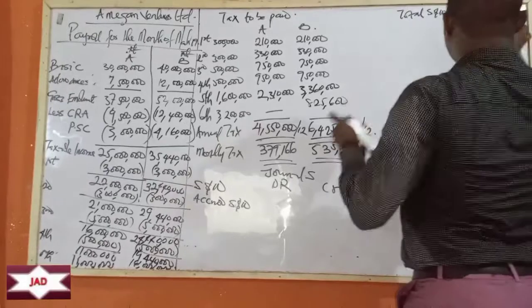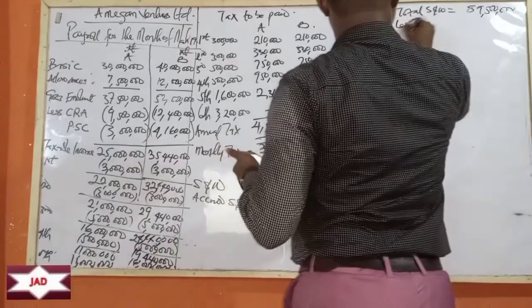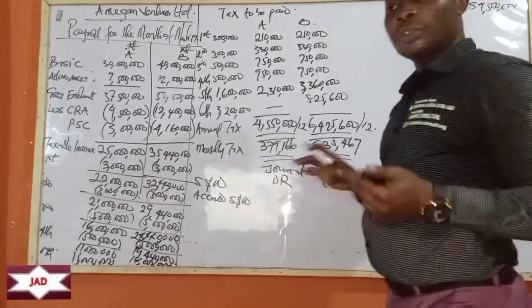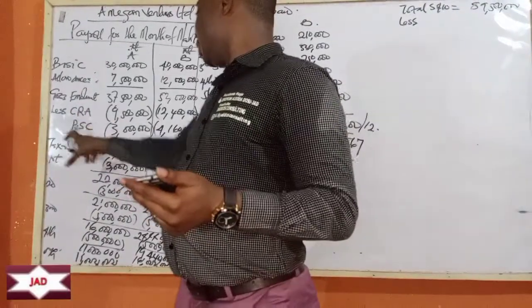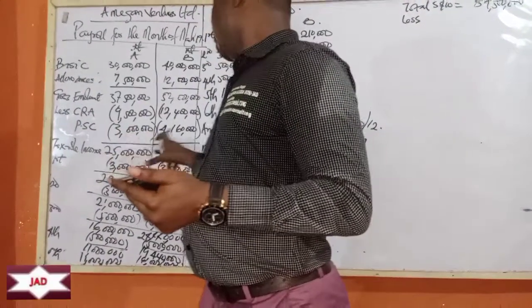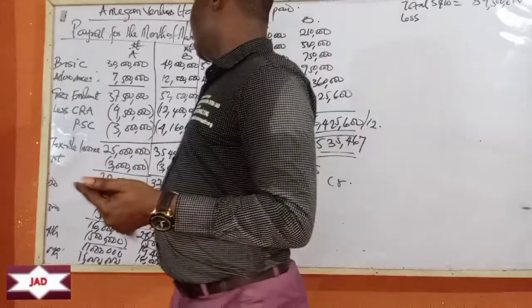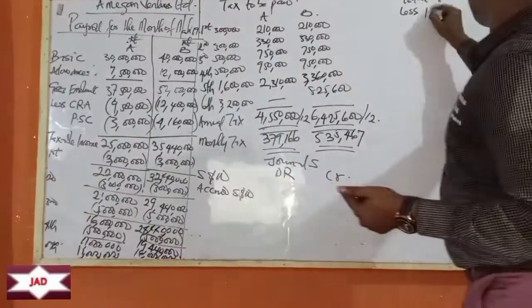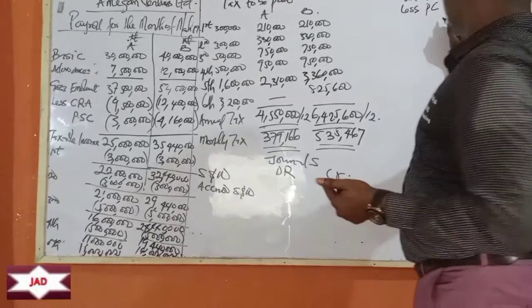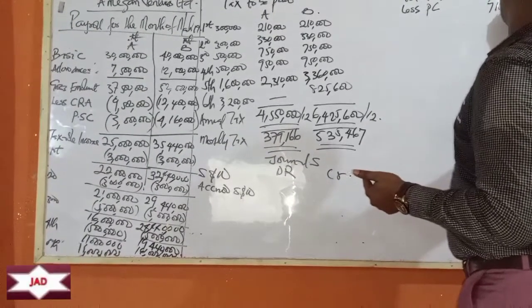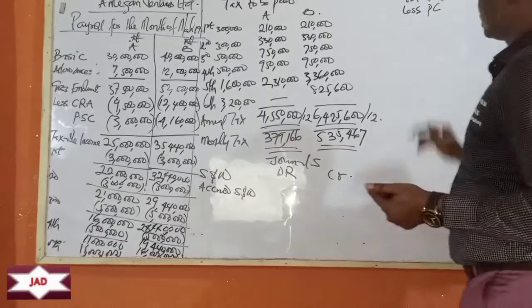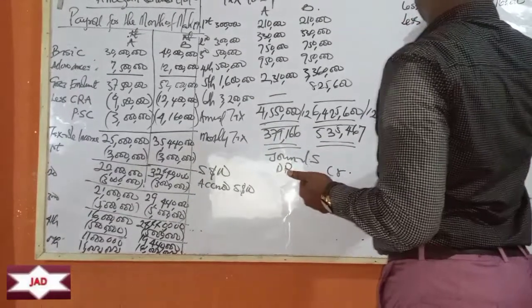This is total salary, but you're going to deduct what you're going to pay to the employees now. Of course, they are contributing pension. What's their pension? 7,160,000. So less pension contributed by the employees, 7,160,000. We're going to less again the tax.